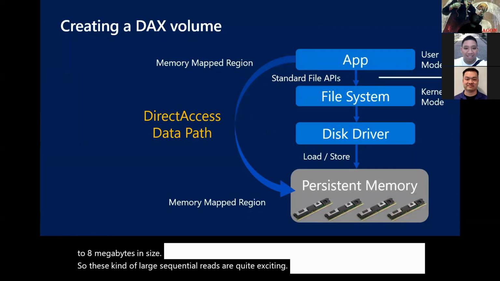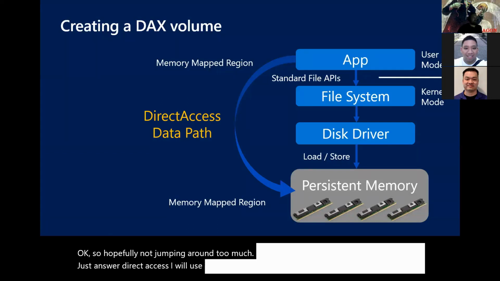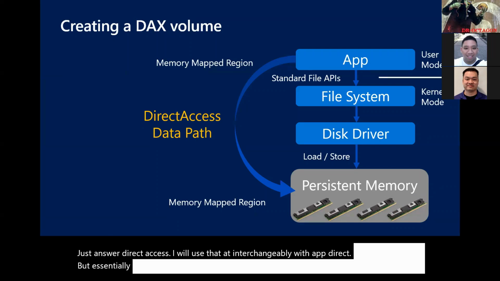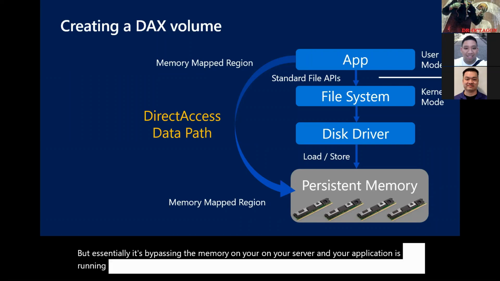Okay, so hopefully not jumping around too much. DAX just stands for direct access. I will use that interchangeably with app direct, but essentially it's bypassing the memory on your server, and your application is skipping the kernel entirely and just writing directly to persistent memory.